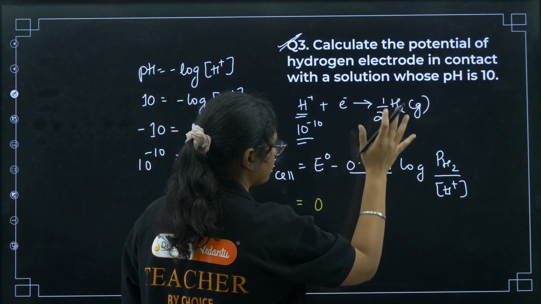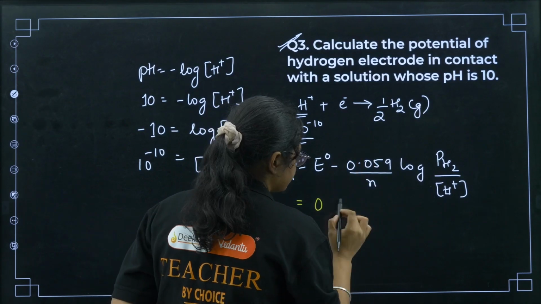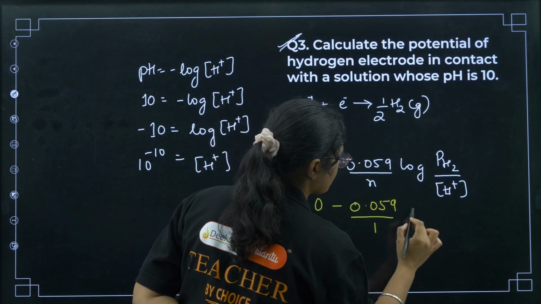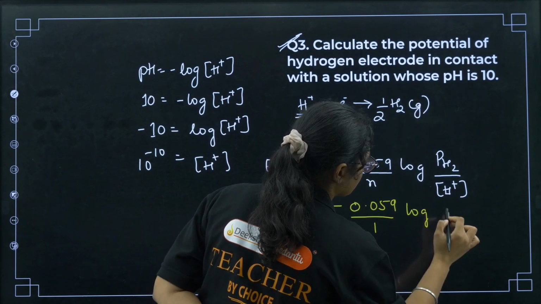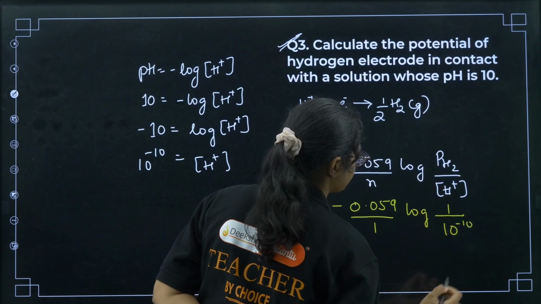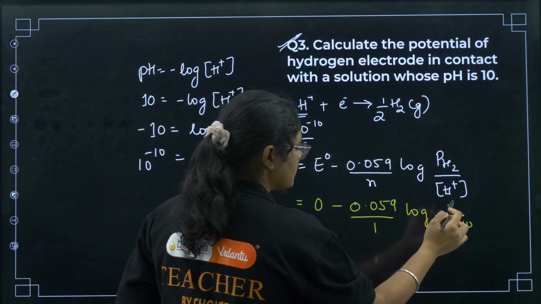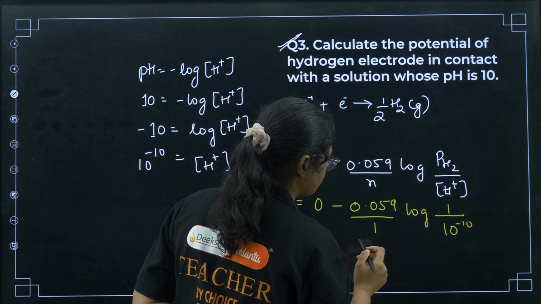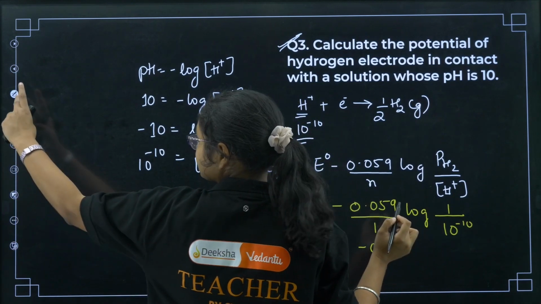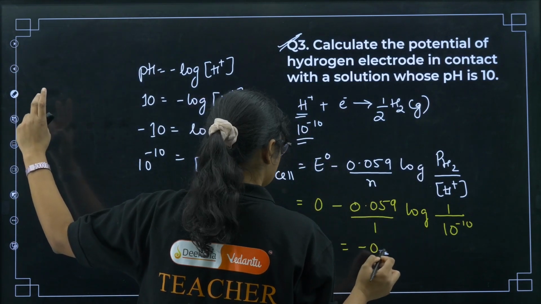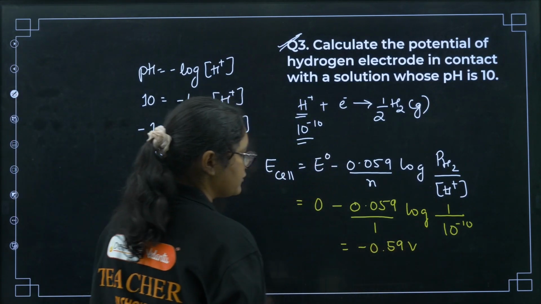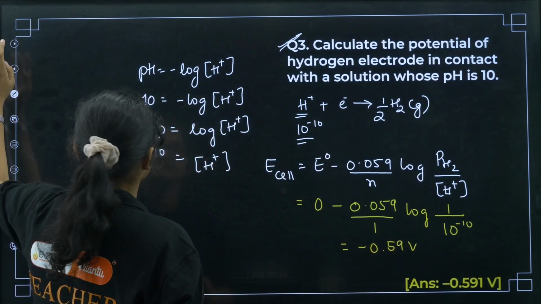Standard electrode potential for hydrogen is 0, minus 0.059, here n is 1, log of 1 atm, you can just take as 1, and H+ is 10 to the power of minus 10. This one goes up as 10 to the power of 10 and then you multiply, that will become 10, so you will get minus 0.59 volt.